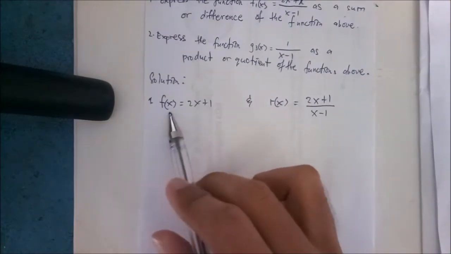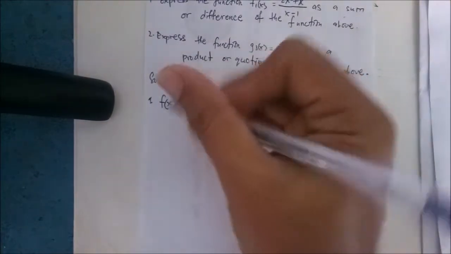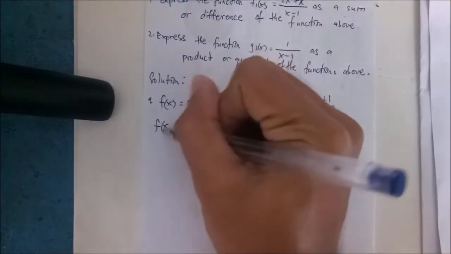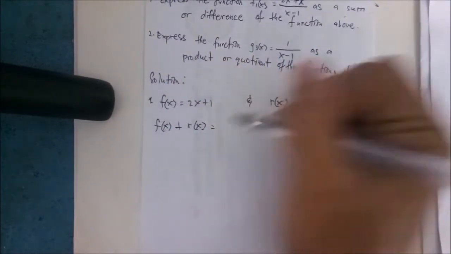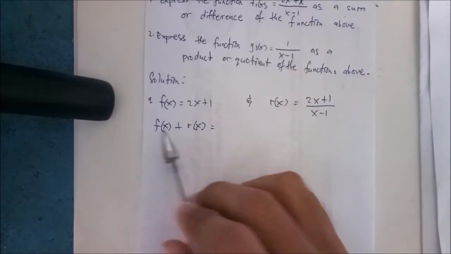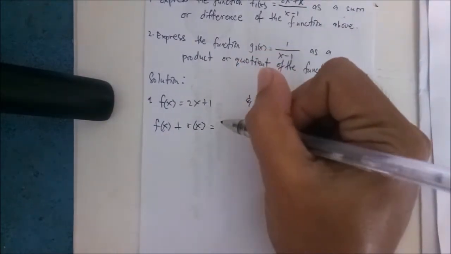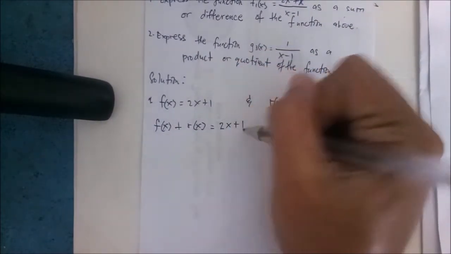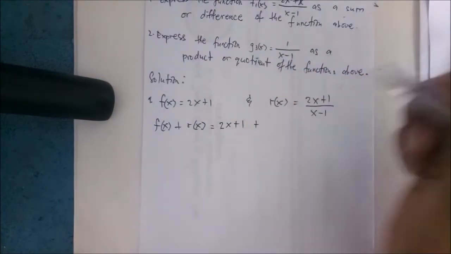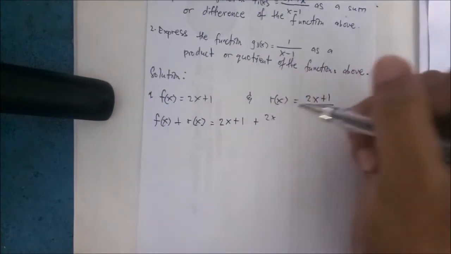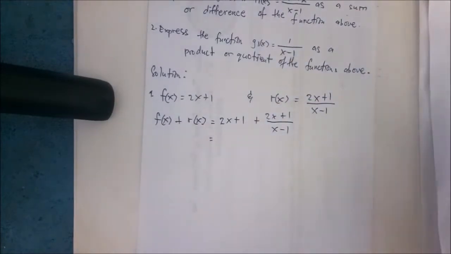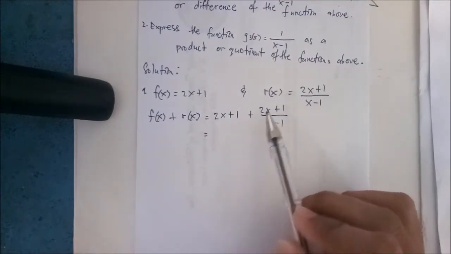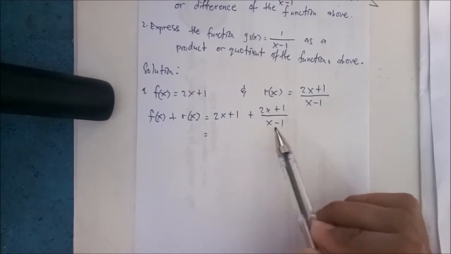I will add f of x plus r of x. The value of f of x is 2x plus 1, plus 2x plus 1 over x minus 1.